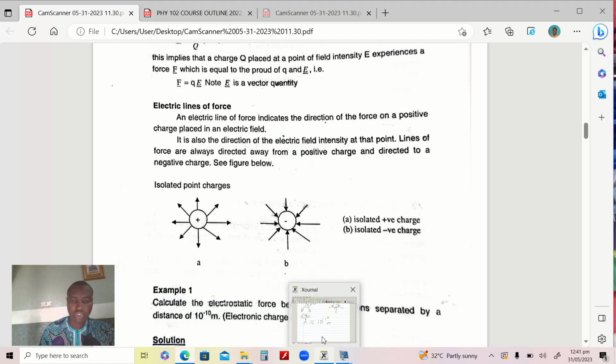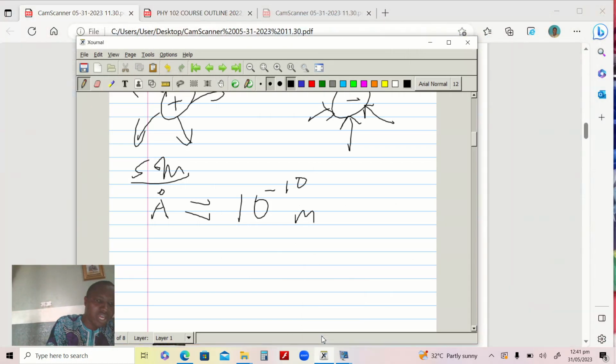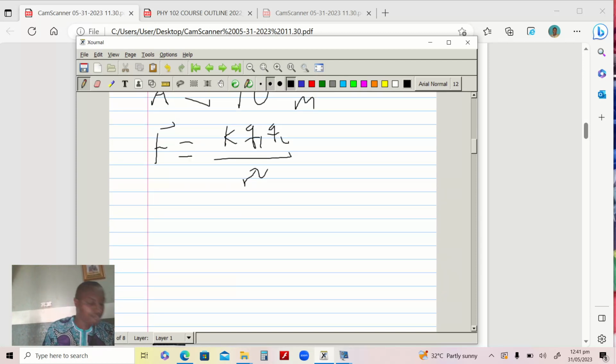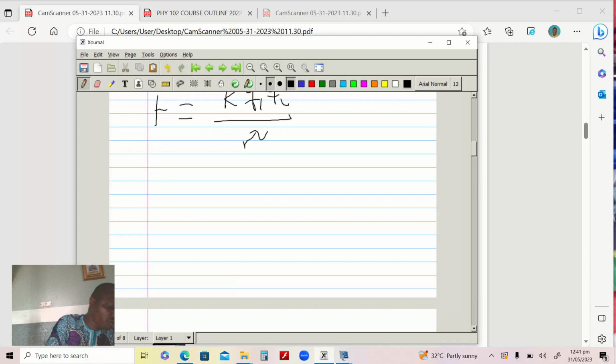So this is what we do by our formula. Remember that we said that force is equal to K Q1 Q2 divided by R squared. Q1 and Q2 are the same because it's talking about electronic charge.